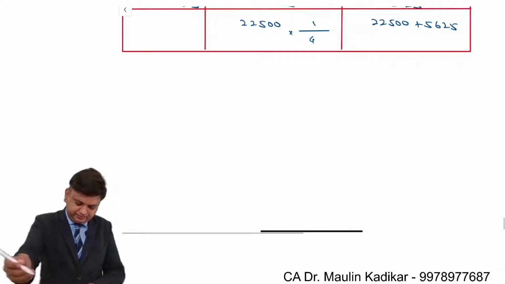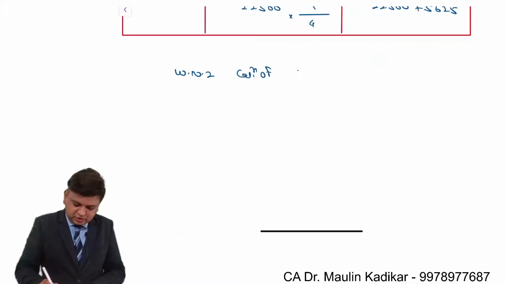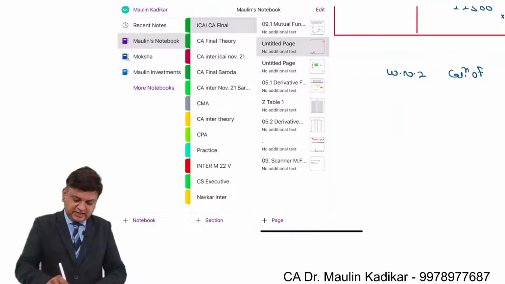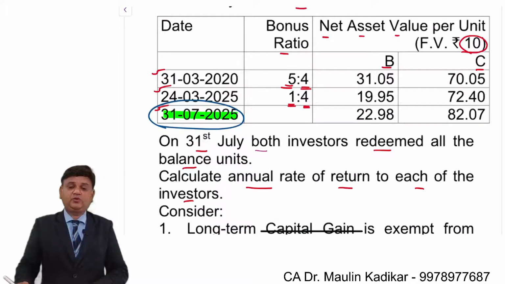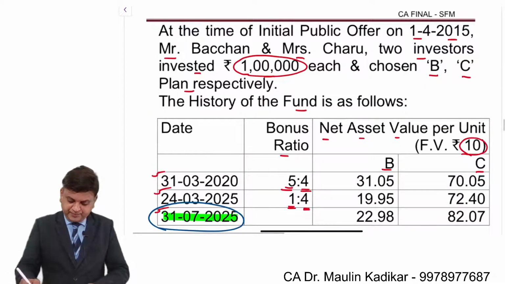Working note number 2. Calculation of short-term capital gain tax payment. Dear students, we can see that we have redeemed the investment on 31st of July 2025 minus 1, that is 31st of July 2024. After that, say whether any number of units allotted, let us check.